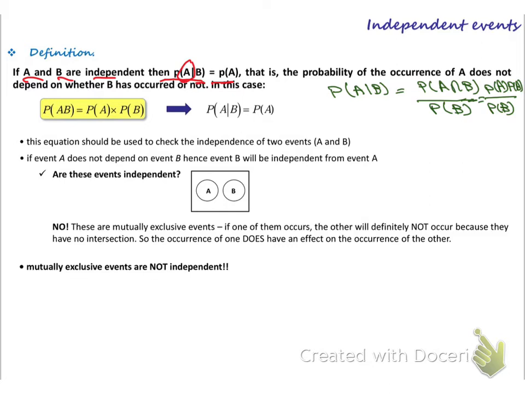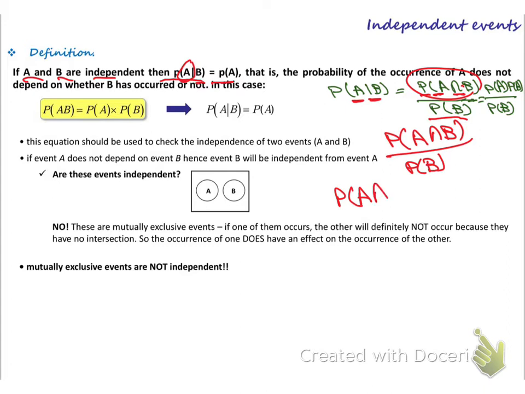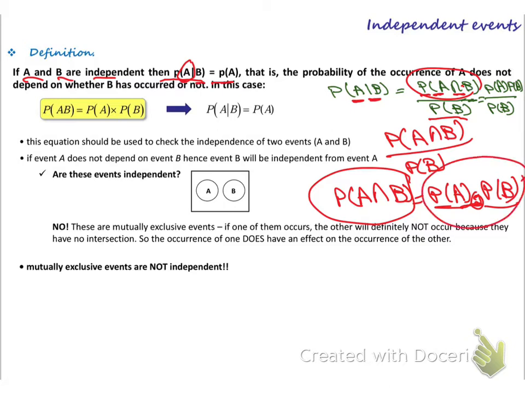The probability of A given B equals the probability of A intersect B divided by the probability of B. I know that the probability of A intersect B equals the probability of A times the probability of B, because both of them are decimals less than 1. Times, not plus, the probability of B. So I can replace the probability of A intersect B by the probability of A times the probability of B.